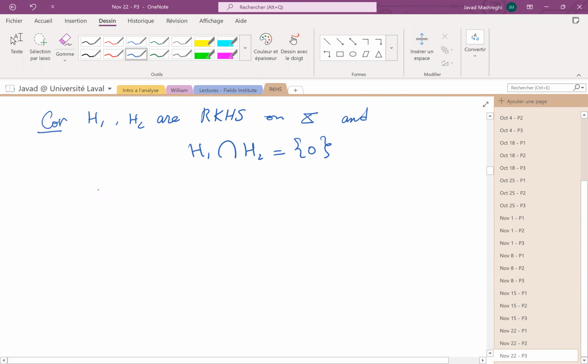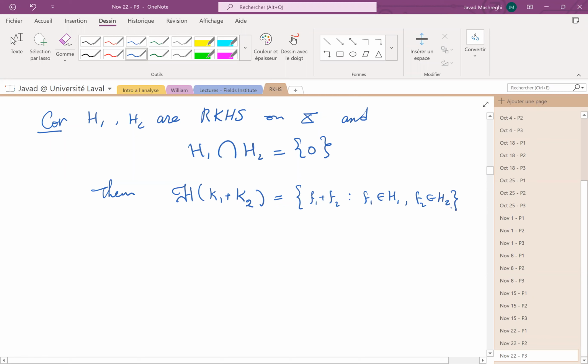Then H of k1 plus k2 is, well, simply the set of all f1 plus f2, where f1 is in H1, f2 is in H2.